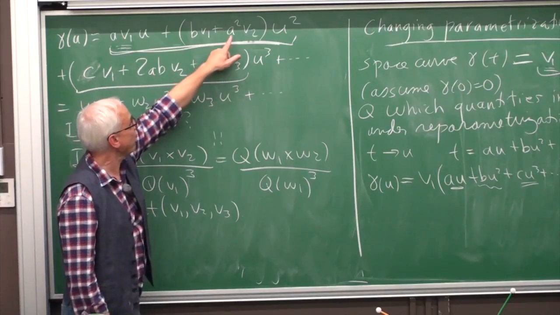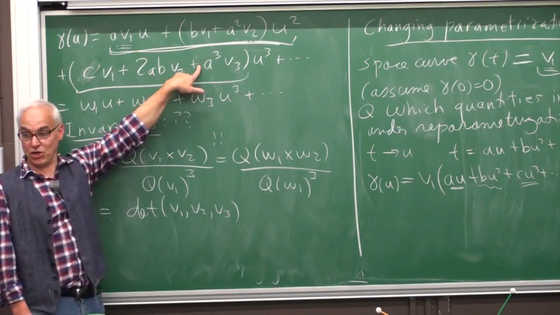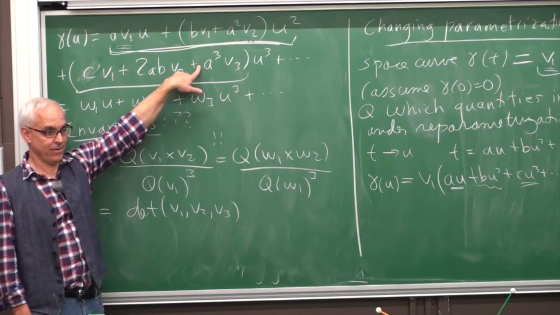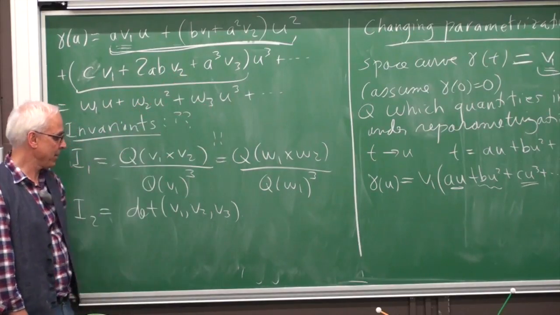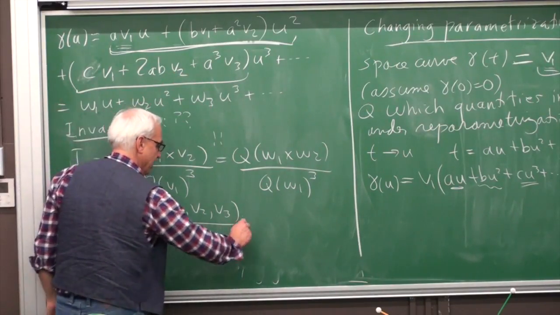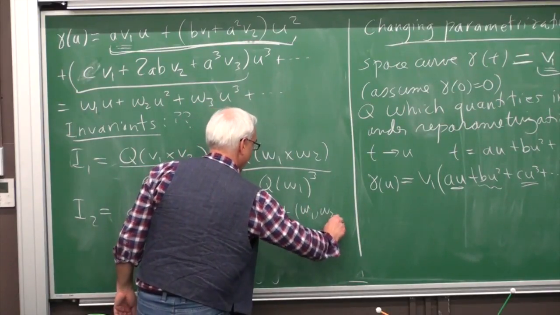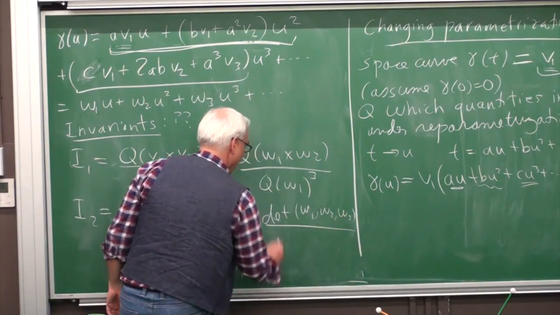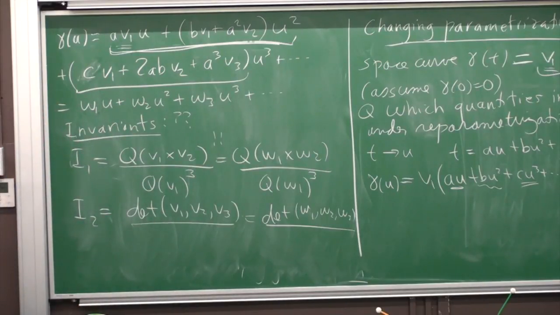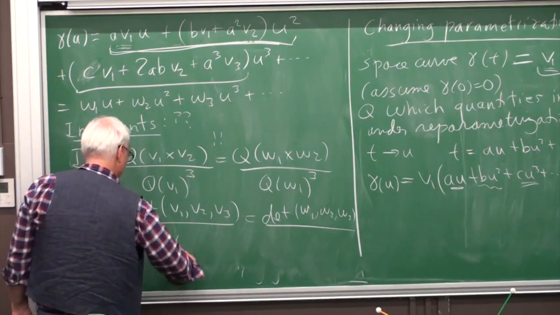And there's an a here, an a squared here, and an a cubed here. So we need to divide by something so that this is going to be the same as the determinant of W1, W2, W3. And what we should divide by is the quadrants of V1.